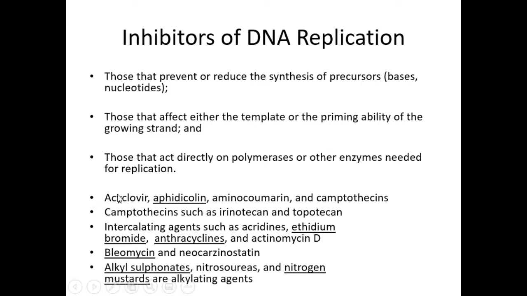So this is a drug that can treat HSV infection. And the acetylcholine can inhibit the DNA polymerase alpha and theta, so they can block the DNA replication. Basically they work on those viral DNA polymerases, so they can prevent the viral DNA polymerase activity.